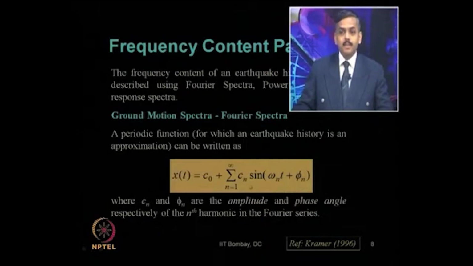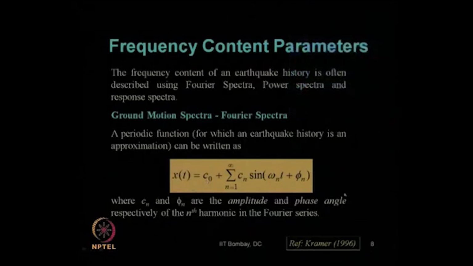Clear? And C naught is the initial displacement at the start of your earthquake time history. Fine. So, this is the initial amplitude.